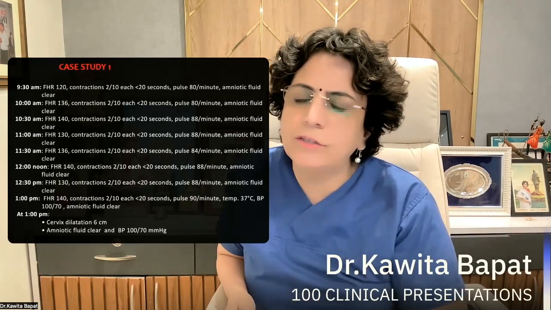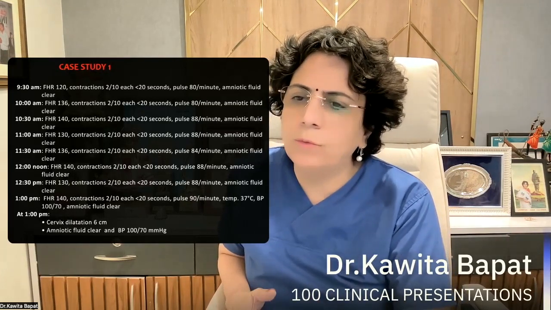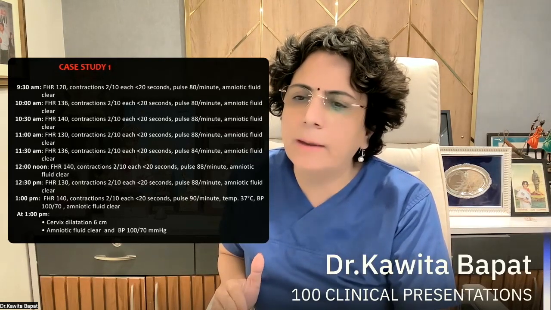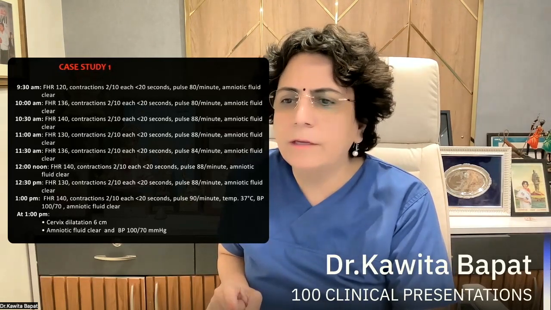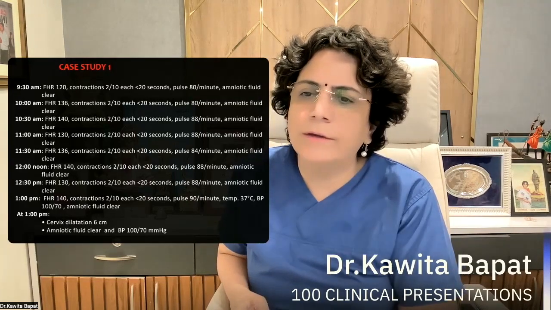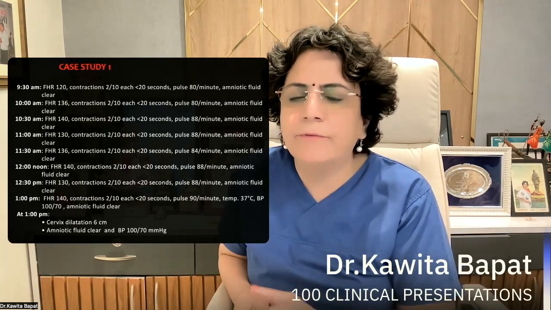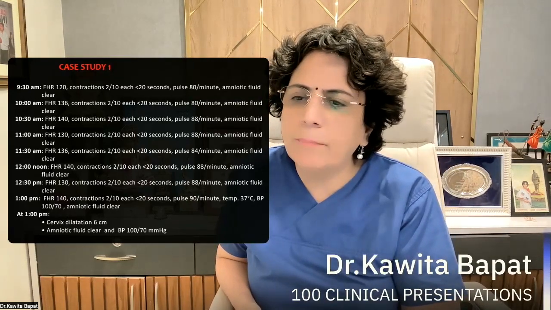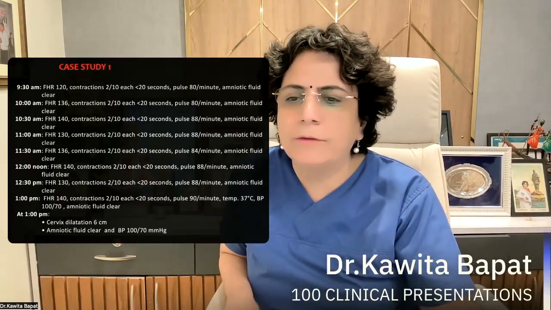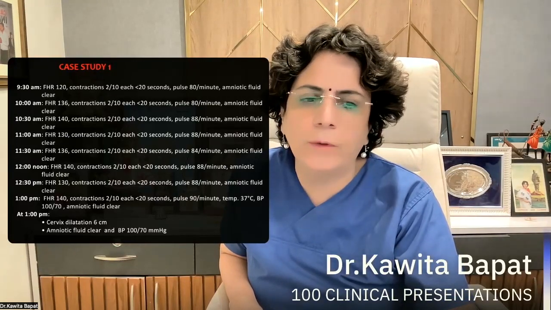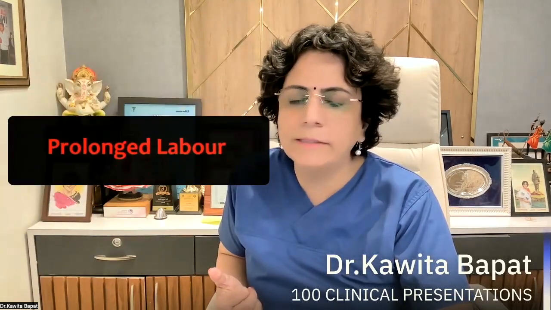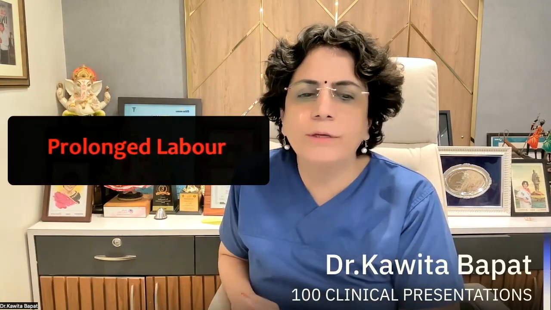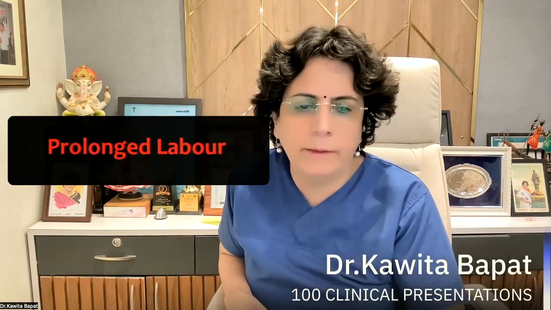There is no change until 12 noon, it is continuously the same from 9:30 to 12. Contractions are not increasing in frequency. So at 1 p.m., cervical dilatation is 6, amniotic fluid clear, and BP is 110/70. Because it is almost 24 hours, it is called prolonged labor.